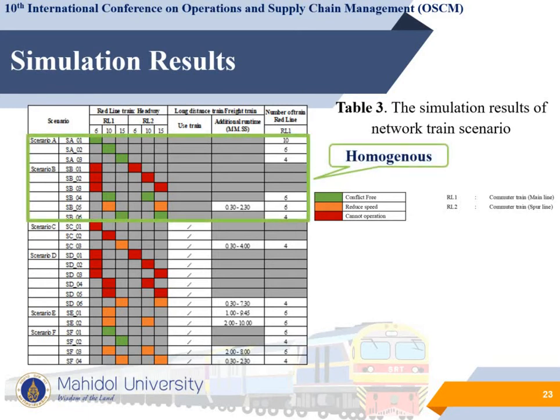For the mixed traffic, the manner of reserve and release is different. The operation in this case will result in overlapping of the schedule because the Red Line trains are faster than long distance trains, in the case of a Red Line train followed by a long distance train or a freight train.